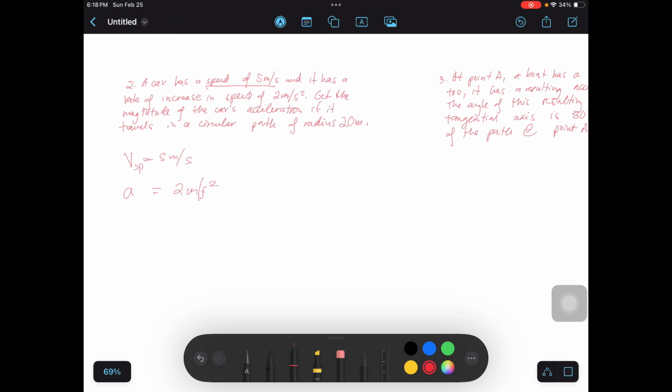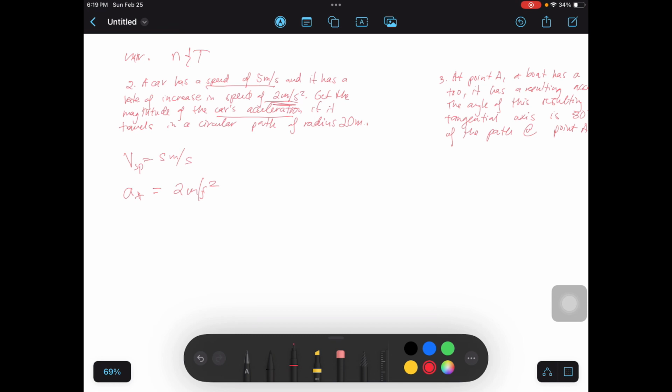So, meron ka nang given na acceleration pero may pinapahanap pa siyang acceleration. So that is already a clue na ito ay isang problem ng circular motion with tangential and normal components. So, ibig sabihin, anong klaseng acceleration yung given na 2 meter per second squared?